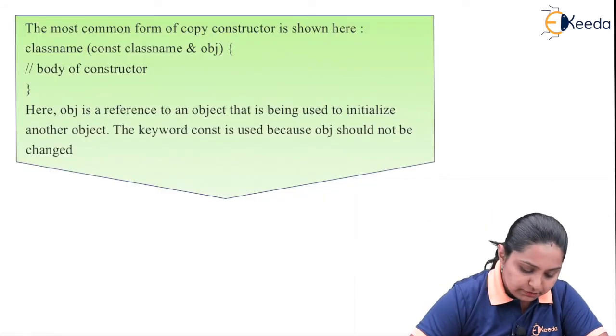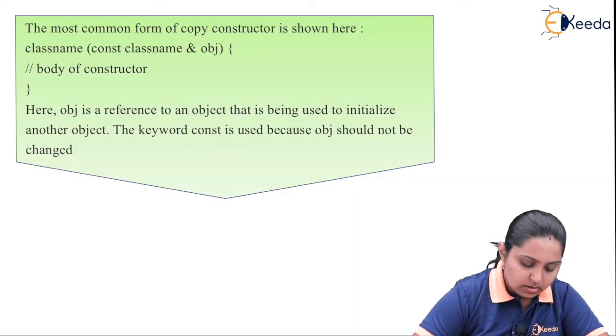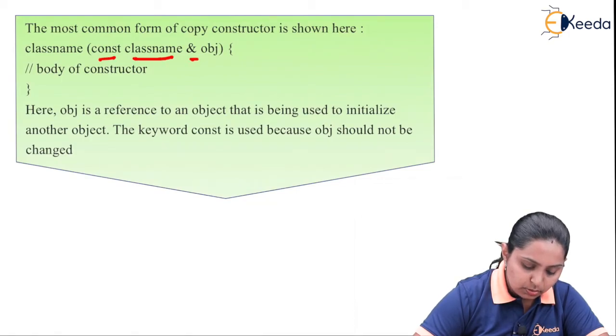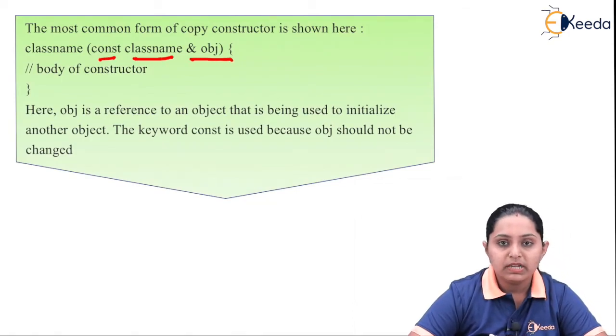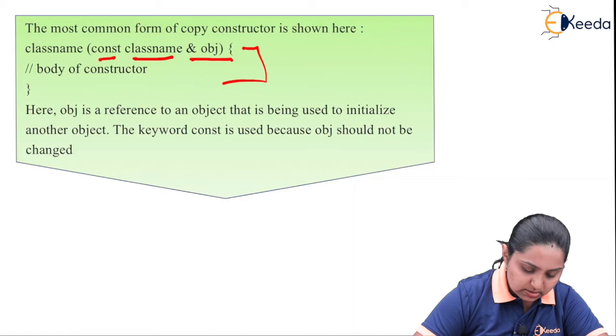The most common form of copy constructor is ClassName(const ClassName &obj). So whatever the object name is, you have to specify it with the ampersand sign, and then you can write the body of the constructor. Here obj is a reference to an object that is used for the initialization of another object.